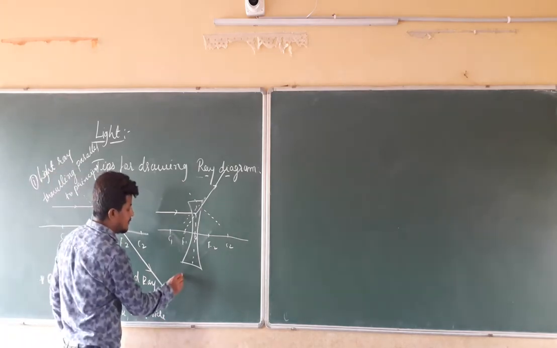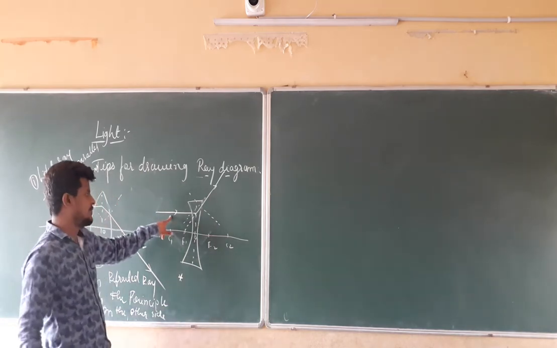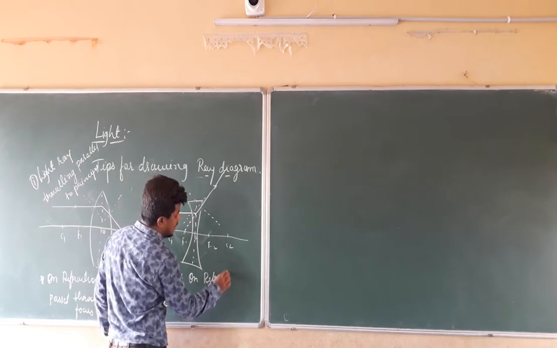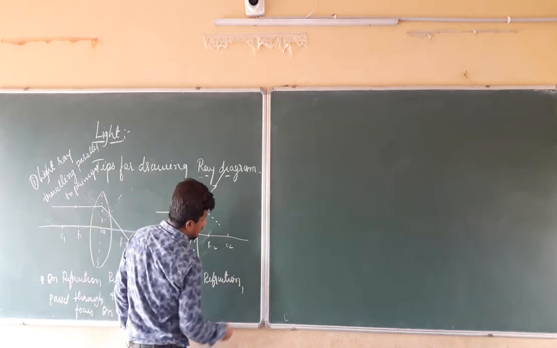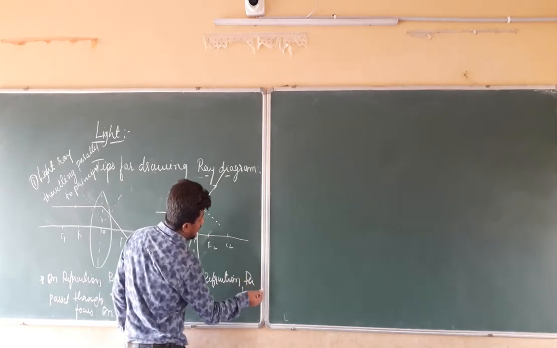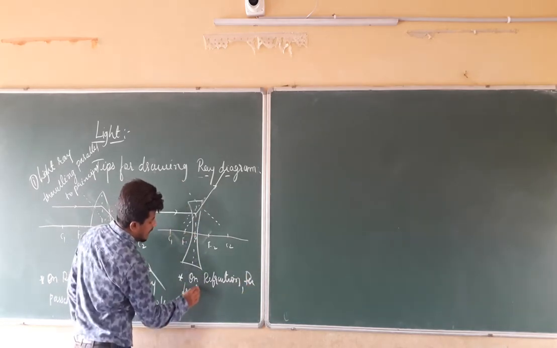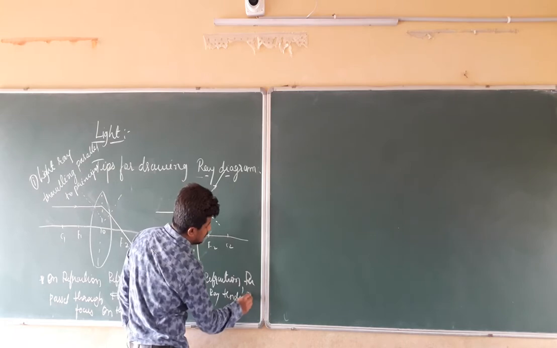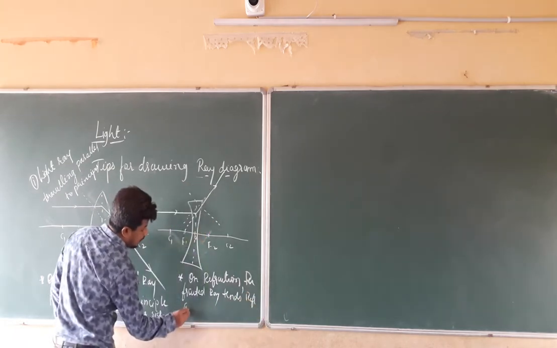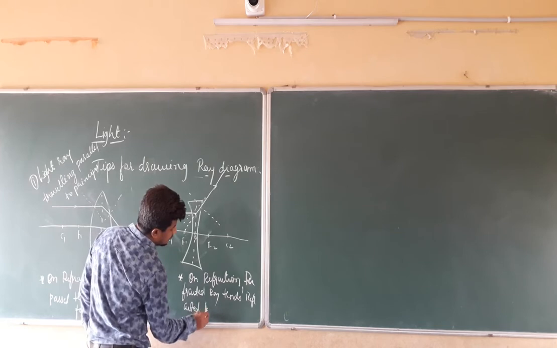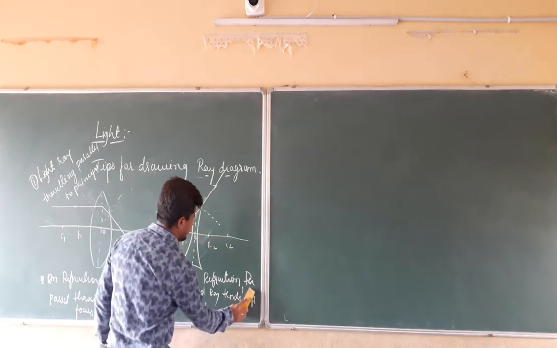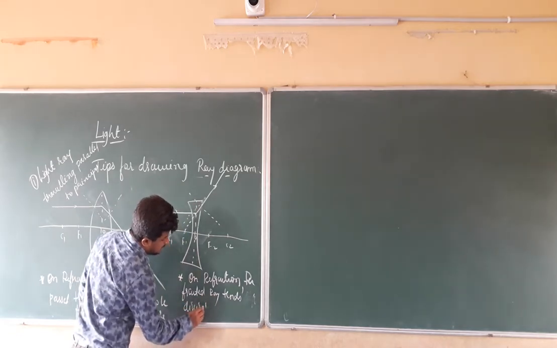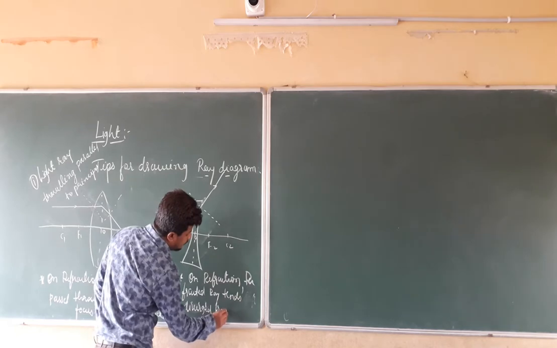In the same manner, in the case of a concave lens, the light ray which is traveling parallel to the principal axis, on refraction, the refracted ray tends to diverge from a point.